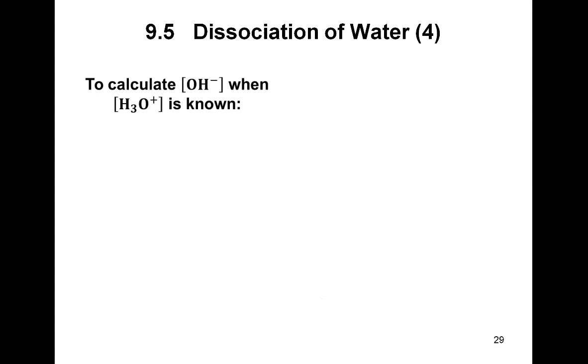So this Kw expression is often used to calculate the concentration of either the hydronium ion or the hydroxide ion. So let's look at, for example, if you know the hydronium ion concentration and you want to calculate the hydroxide ion concentration. You will use this Kw formula. Because we know Kw, it's always that 1 × 10^-14 value.